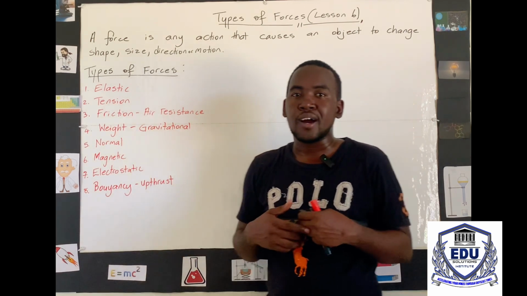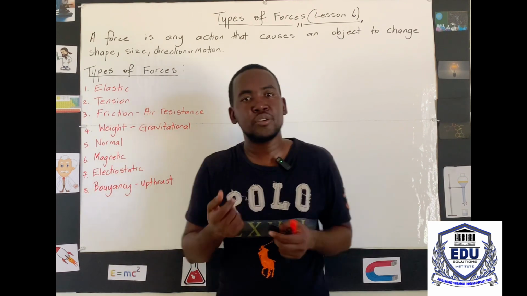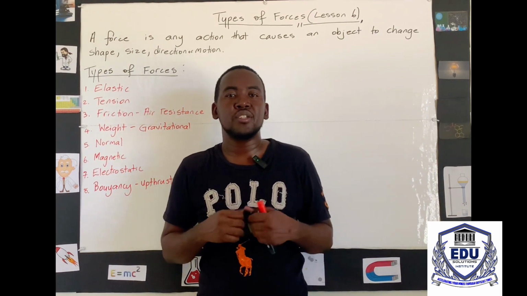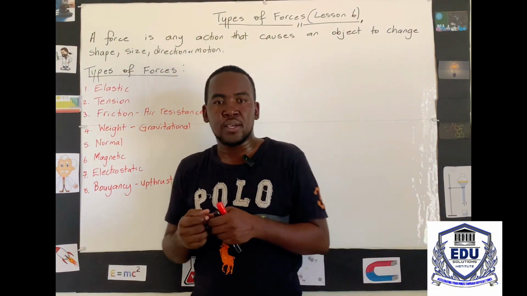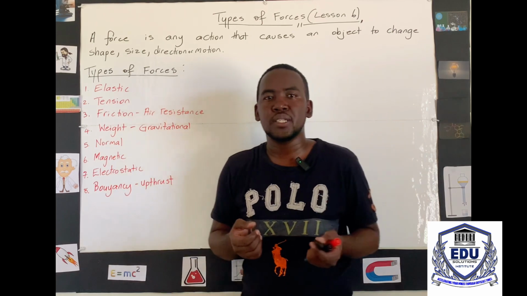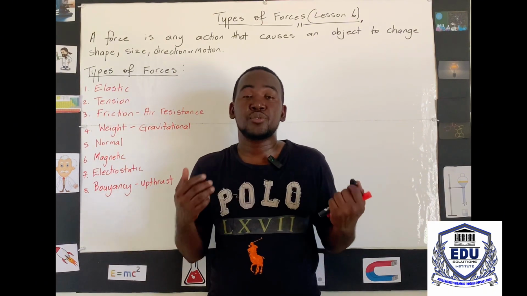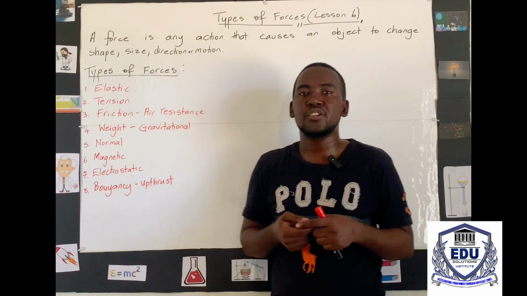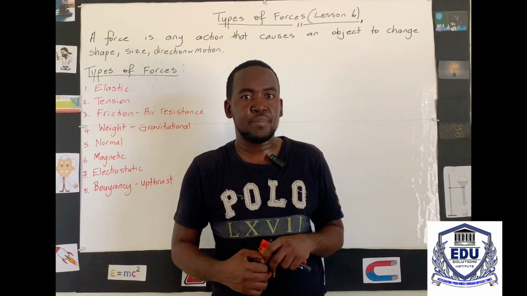Now, if you apply a force that the tension force cannot balance off, then the string will break. So therefore, if the tension force of a specific string is 10 newtons, and you apply a 20 newton force to that string, then the string will break because it can only create a 10 newton tension force to balance off any force that is applied to it.